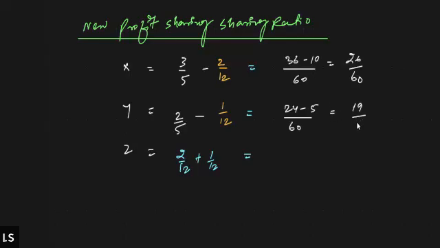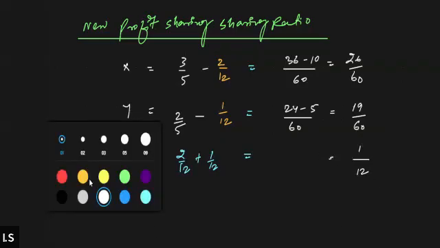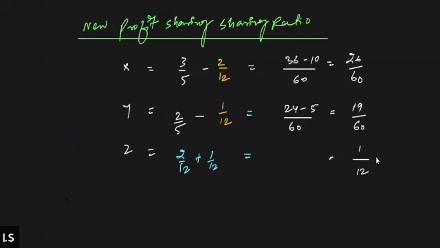This will be 19/60. And 1 by 12. So now we can multiply it by 5 to equalize the basis, 5 by 5. So it will be 5 upon 60. So the final ratio will be 26 is to 19 is to 5.